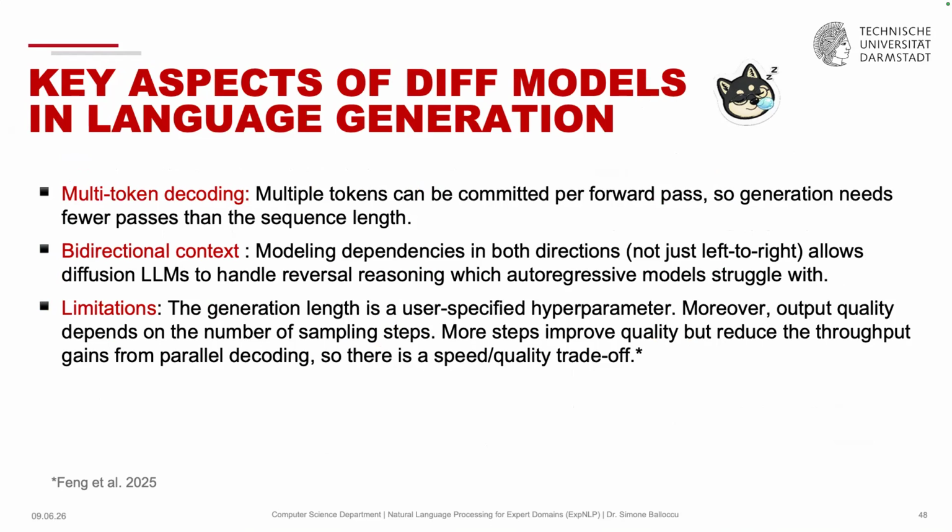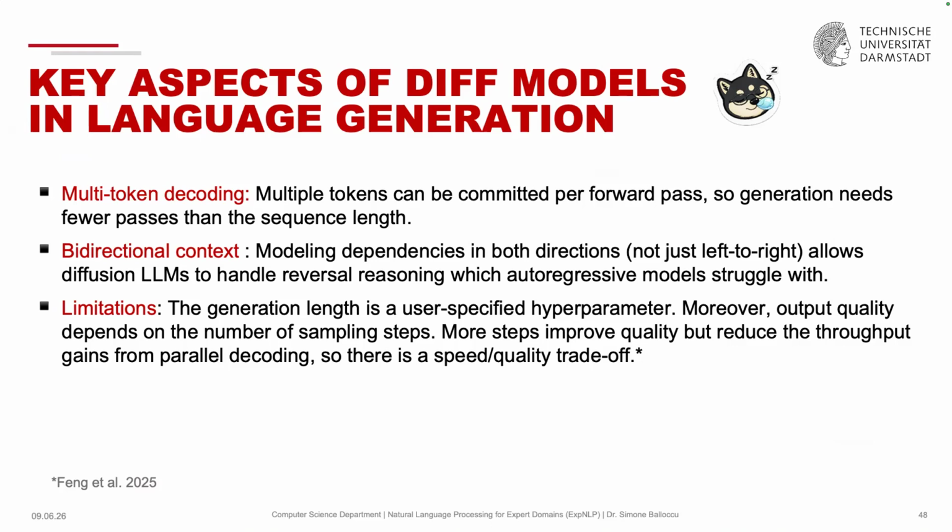The number of iterations is less. Another cool feature is that they can model dependencies in both directions, not just from left to right. They can also look into the future tokens. And here, they might have some advantage in reversal reasoning compared to their autoregressive counterparts.